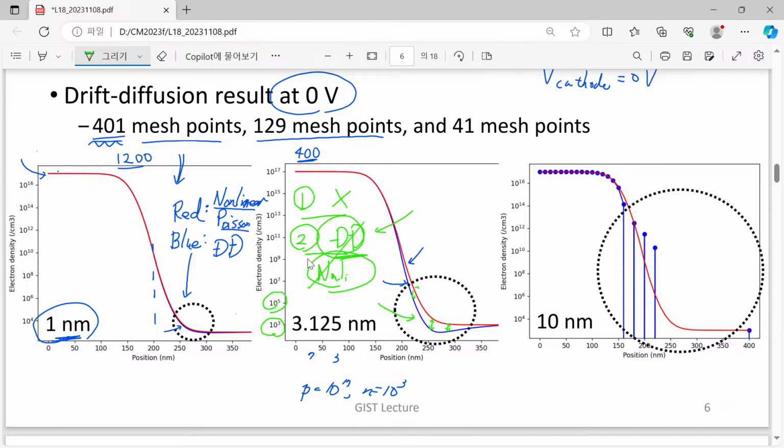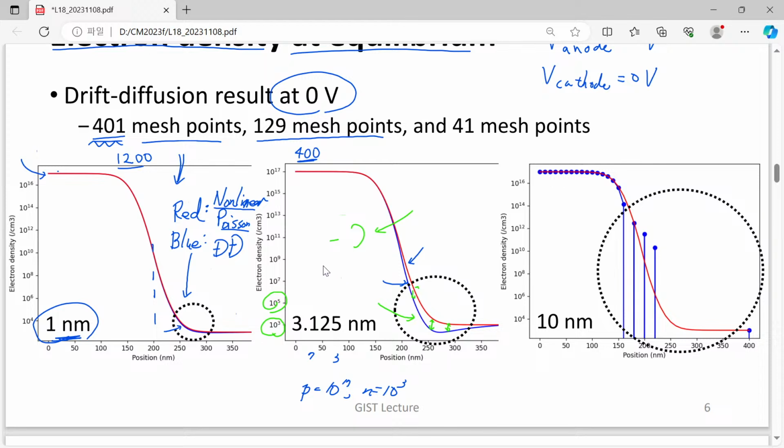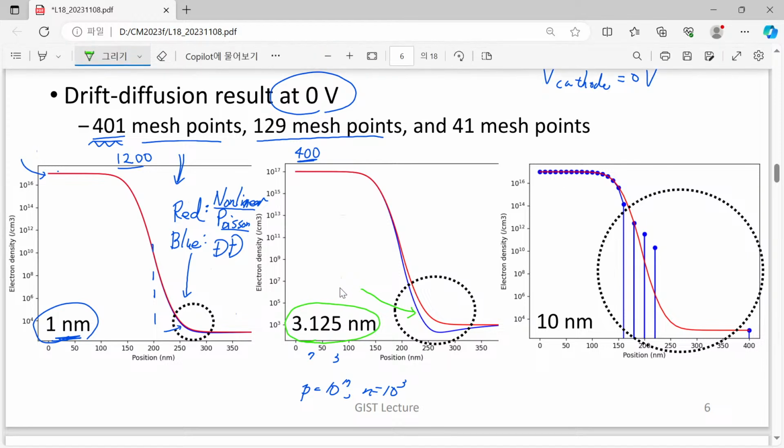The answer is no. In this case, the nonlinear Poisson equation should give us the correct solution, and it is now giving us the correct solution. So simply speaking, it's so simple: our drift diffusion simulator, when applied to a coarser grid, doesn't work properly.